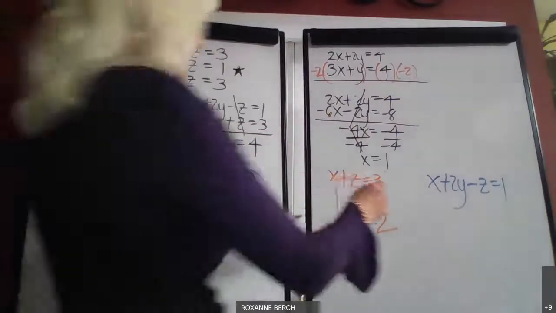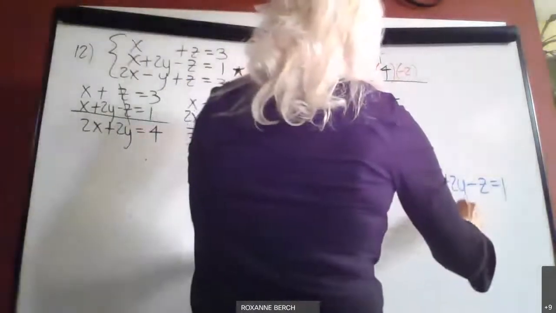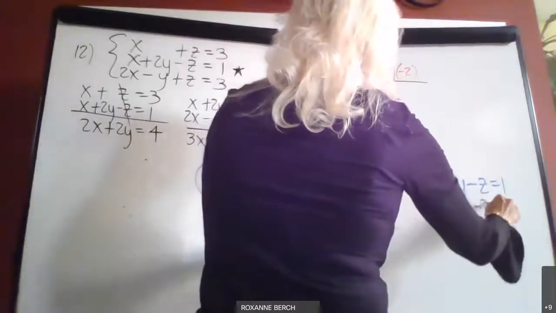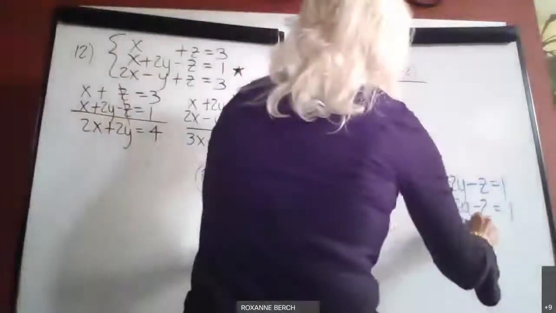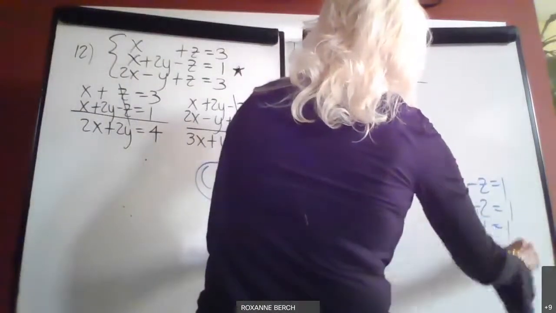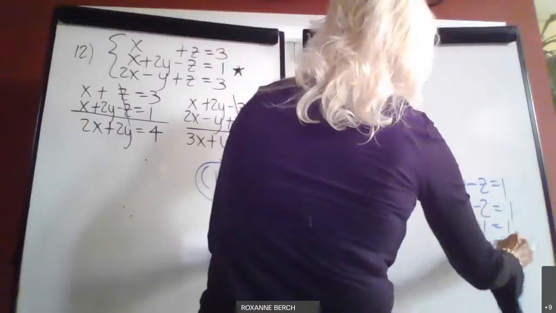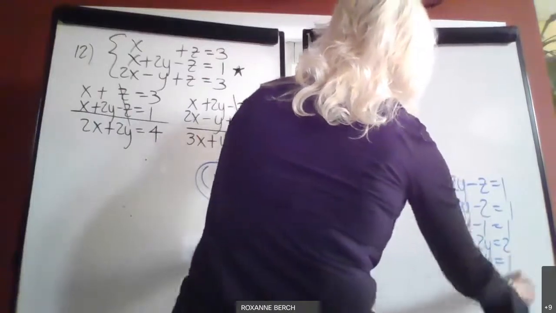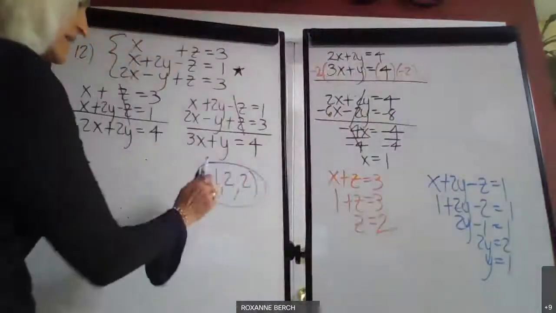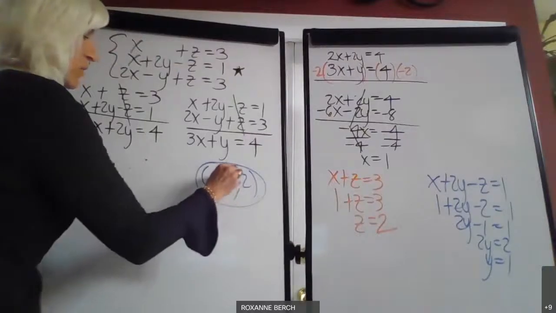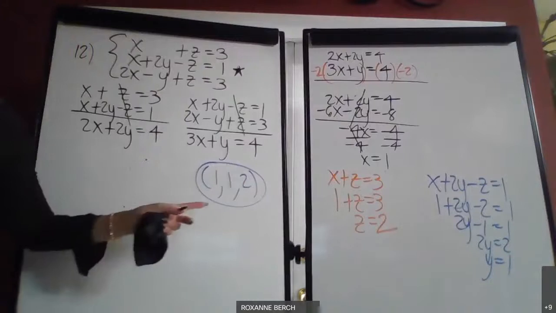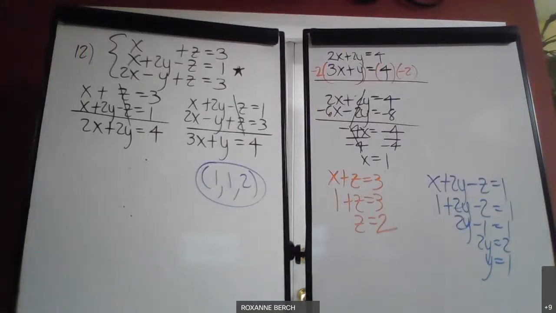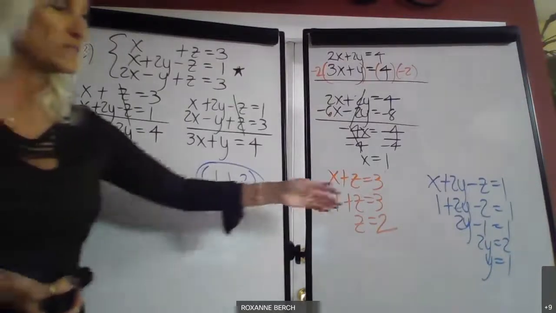So this would be x, which is 1, plus 2y minus 2 equals 1. So that would be 2y minus 1 equals 1. 2y equals 2. y equals 1. So it should be 1, 1, 2. So this is the correct answer. So I wrote this down wrong.